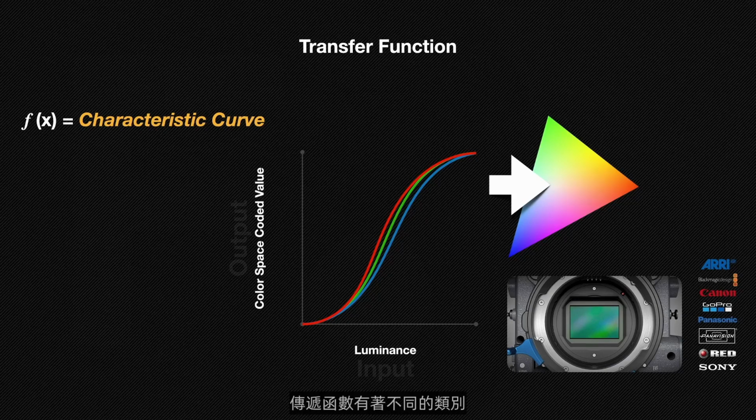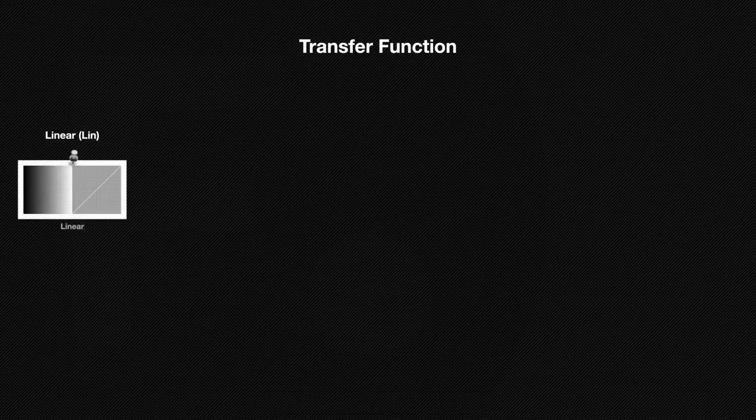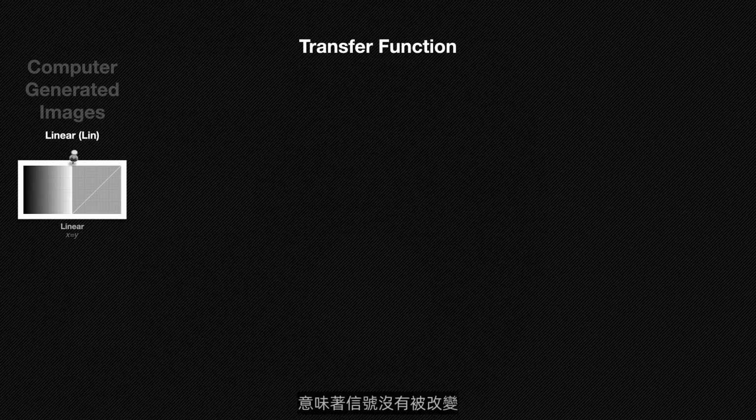There are different categories of transfer functions depending on the mathematical operations used to correspond the data. Let's visualize them in the form of lookup tables. The first one is the linear, also known as lin, where the input and the output are the same. It means the signal is not altered.